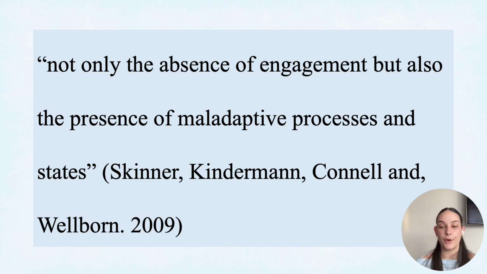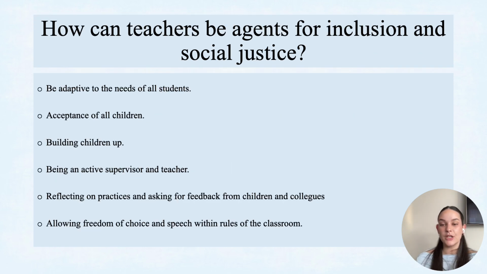So I quite like this quote from Skinner, Kindermann, Connell and Wellborn: not only the absence of engagement, but also the presence of maladaptive processes and states. So that quote to me really just links in with how teachers can be agents of change and social justice.